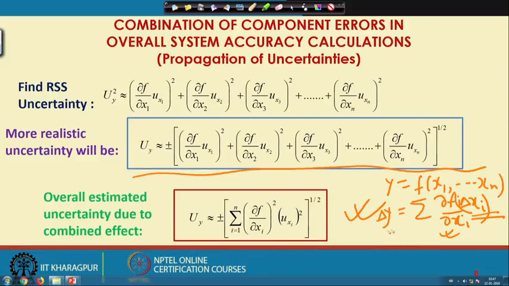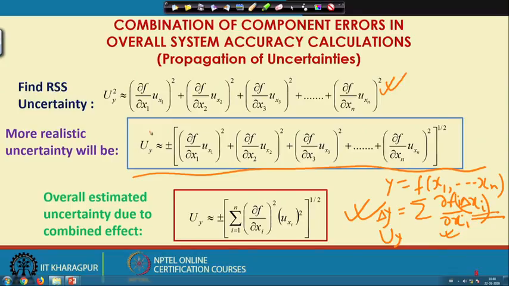So, this sum gave the overall uncertainty in y. So, to get root sum square error, we squared both sides and got this after neglecting the cross terms.